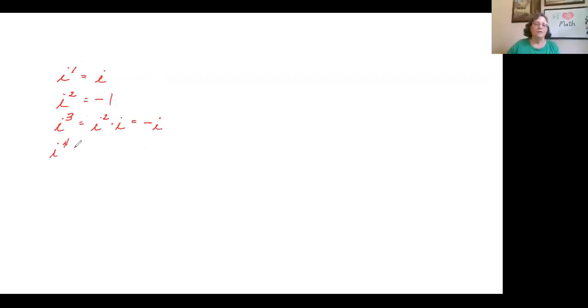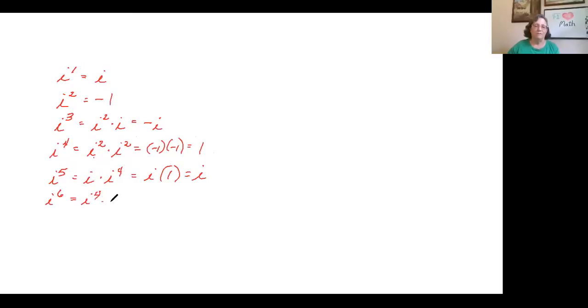i to the 4th is i squared times i squared, which is negative 1 times a negative 1, which is a positive 1. If I went on to i to the 5th, I could write that as i times i to the 4th, which is going to be i times 1, which is just i. i to the 6th would be i to the 4th times i squared.